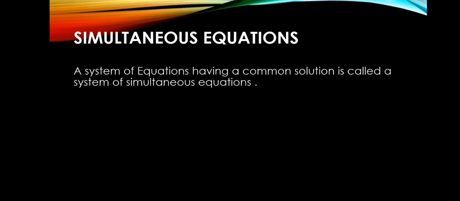Simultaneous equations: a system of equations having a common solution is called a system of simultaneous equations. By the words common solution, we mean that the values of x and y should be the same for both the equations given to us.